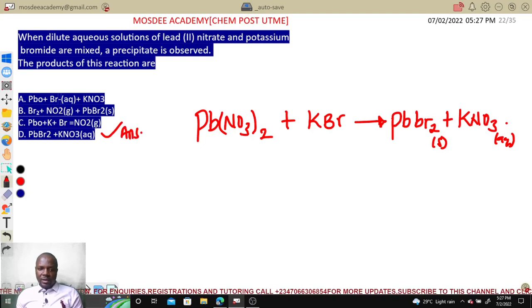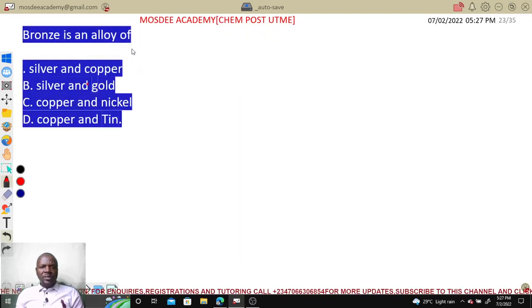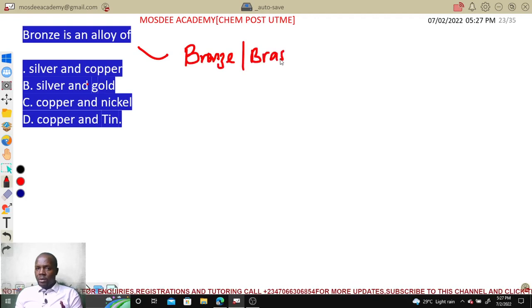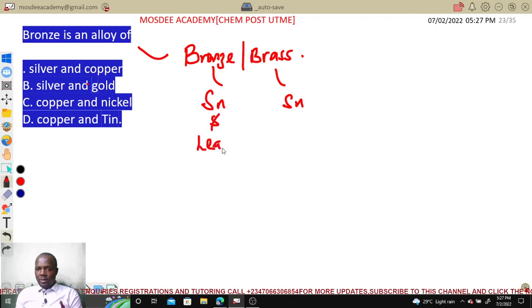The next is 23. Bronze is an alloy of dash. About alloys, I'm going to do that one also chapter-wise. We can keep bronze and brass as major ones. I hope students still remember they are formed from tin. Both of them contain tin. So please add tin, and I said tin and lead, and tin and zinc.